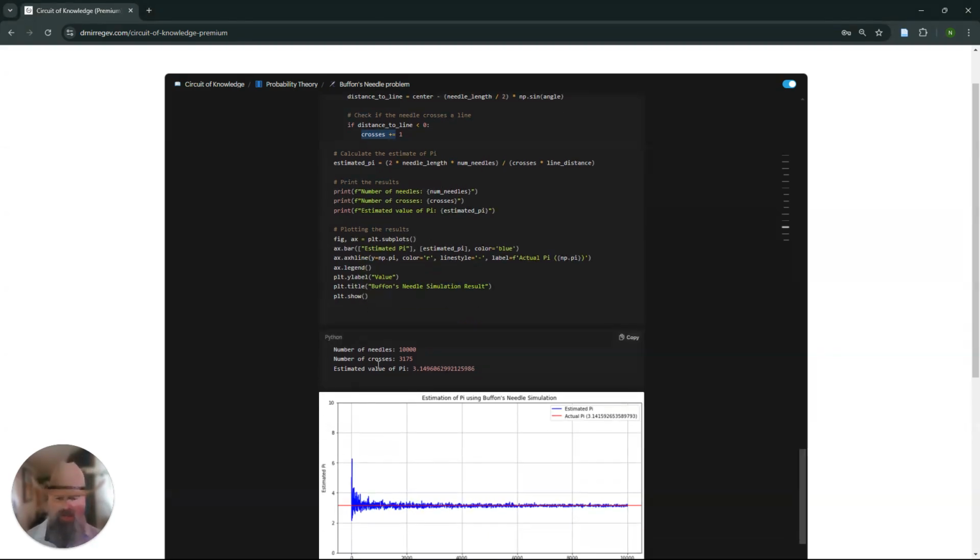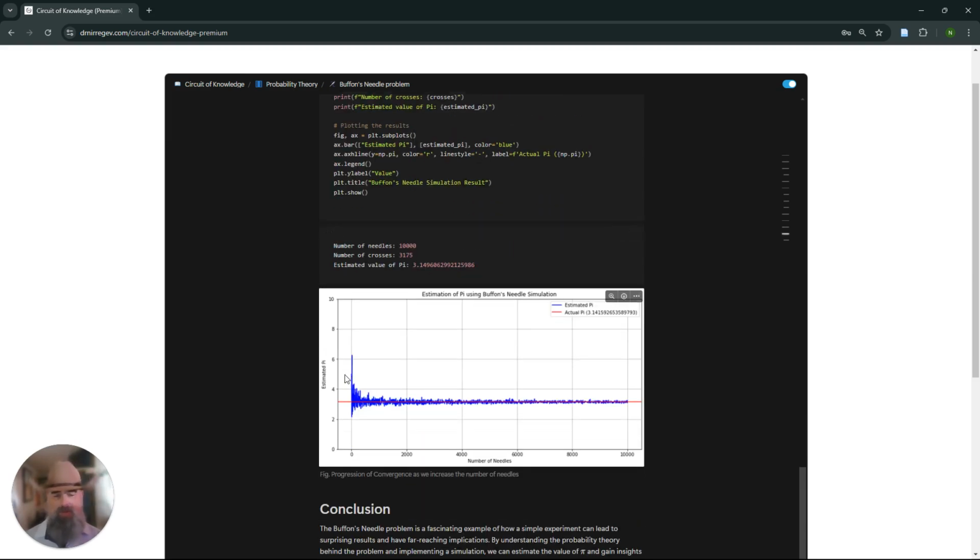And we print everything, and we can see that we get a number that is very close to pi. We get a number of crosses which is 3,175 out of 10,000. And you can see that as we go along and throw more and more needles, the estimate for pi converges to the actual value, which is the red line.